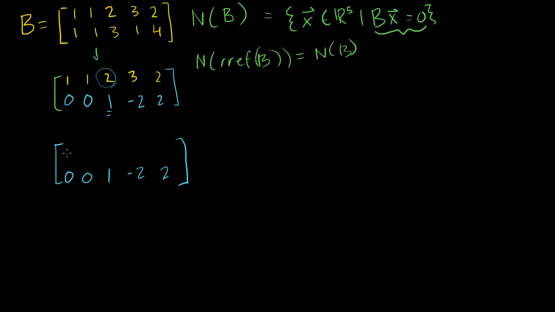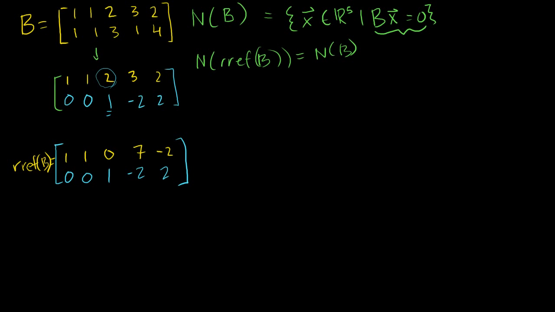So 1 minus 2 times 0 is 1. 1 minus 2 times 0 is 1. 2 minus 2 times 1 is 0. 3 minus 2 times minus 2, so that's 3 plus 4, which is 7, right? 2 times this is minus 4, and we're subtracting it. And then 2 minus 2 times 2, that's 2 minus 4, it's minus 2. So this is the reduced row echelon form of B.